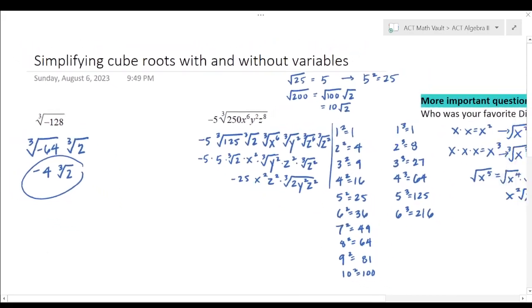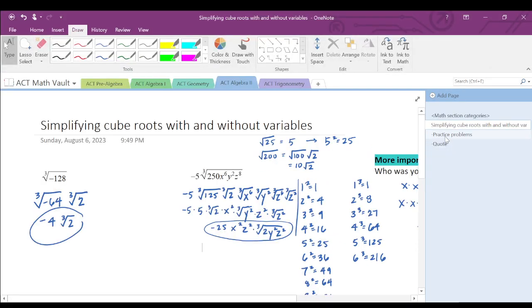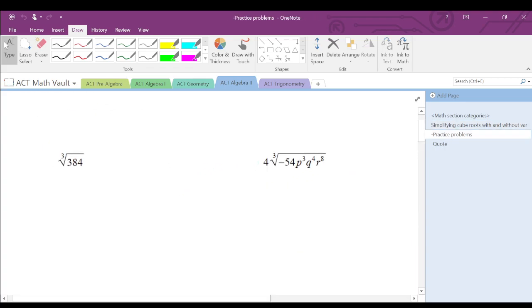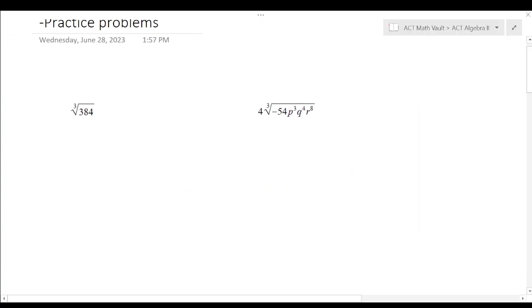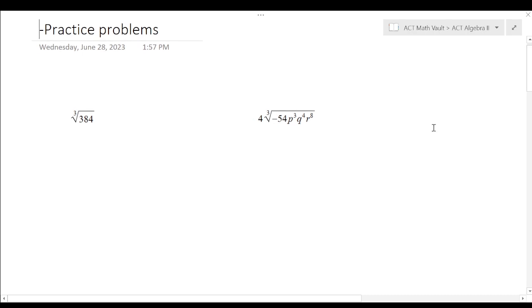That was a lot. So I'm going to have you try a few practice problems. And they're very similar to what we just did. Just think about the perfect cubes that can come out of each. Take a second, start them, and then I will show you the answers.